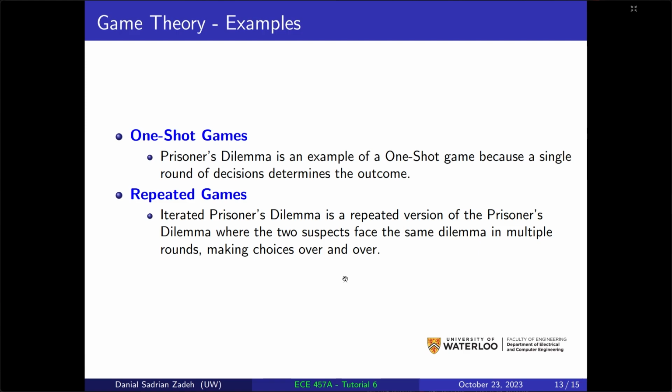But if the process was repeated, like the iterated Prisoner's Dilemma, this is a version of a repeated game because two suspects face the same dilemma in multiple rounds, making choices over and over again, which kind of doesn't make sense.